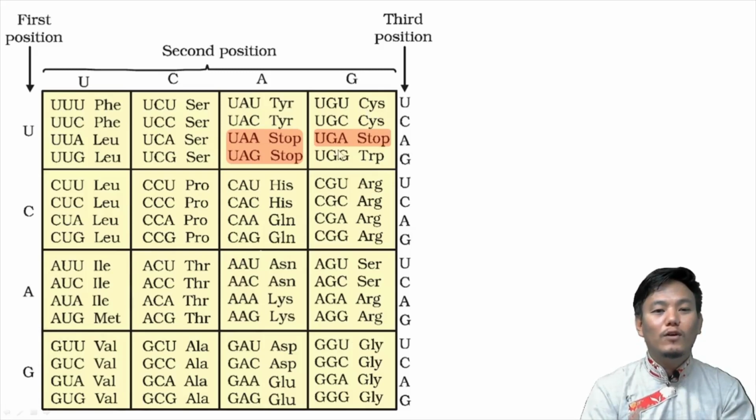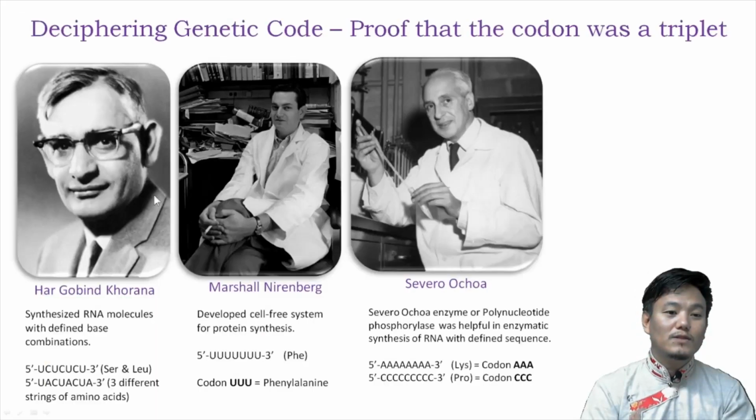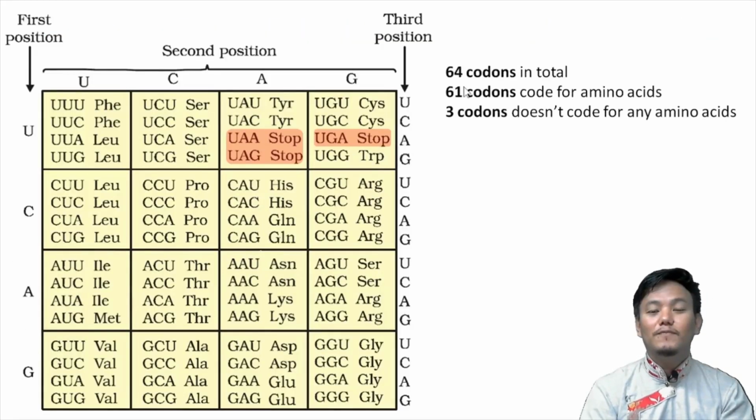We have got 64 codons in total, and out of these 64 codons, these previous scientists figured out that 61 out of these 64 code for amino acids, right? And 3 codons over here, I have highlighted them in red.